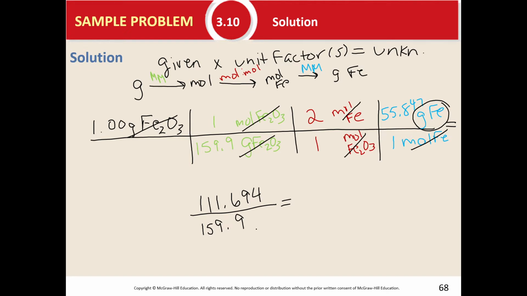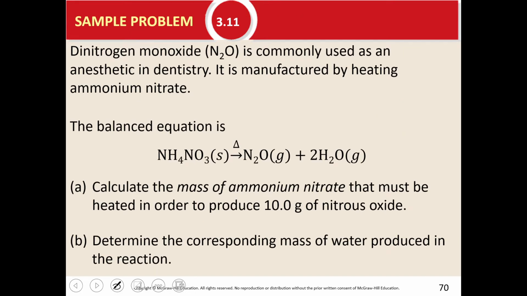And my final answer will be, when I divide these, it is 0.6985 grams of iron. Okay? All right. Now, here's another example.